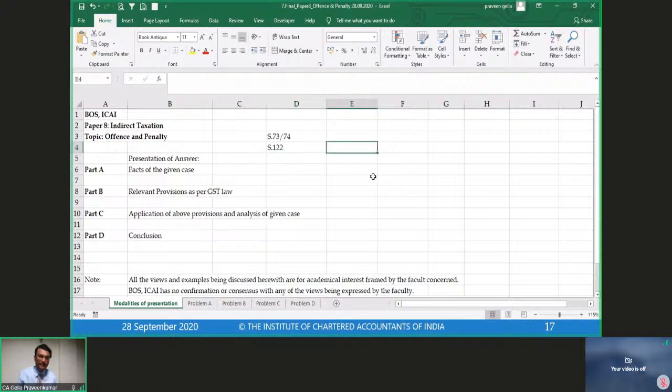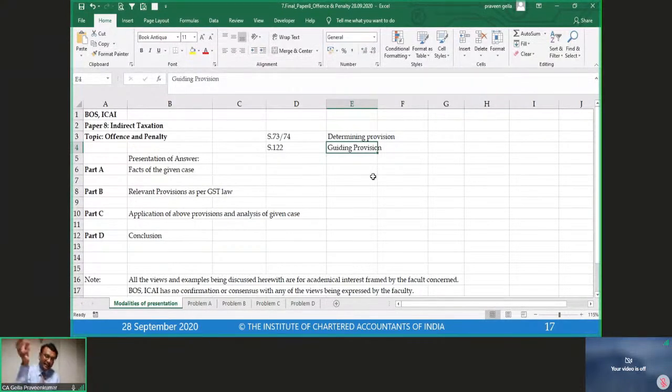Please understand, this is a guiding provision. This is a determining provision. Section 122 guides what should be the penalty, under what circumstances what penalty can be levied. So when I, as an officer, have to levy a penalty under section 73 or section 74, I'll take the guidance under section 122.